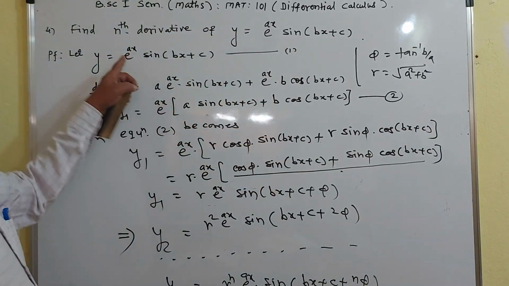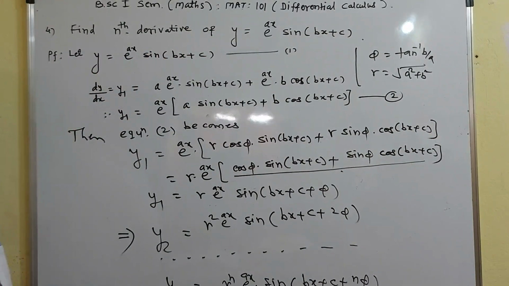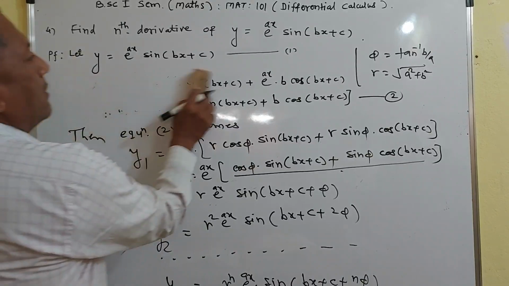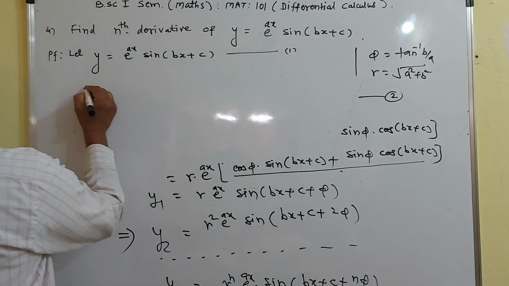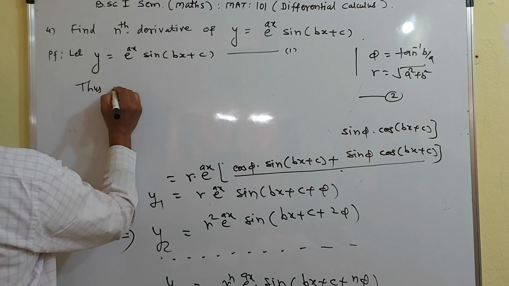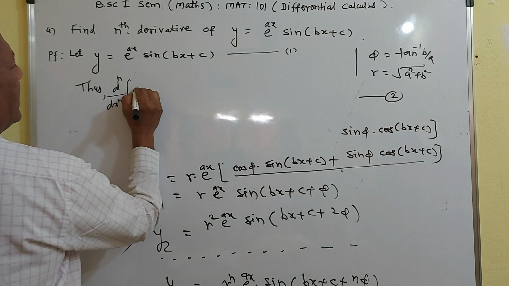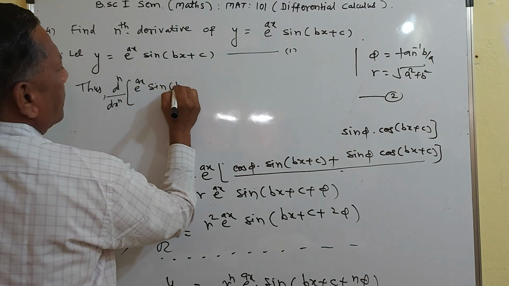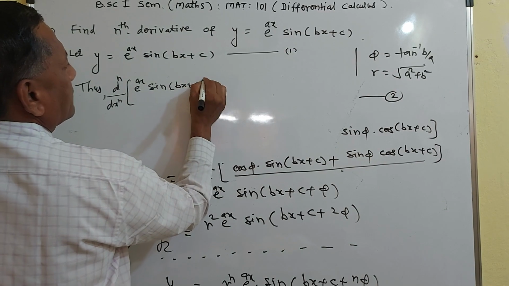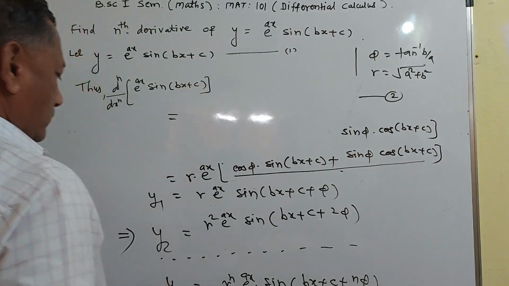So this is the nth derivative of y equal to e raised to ax into sine of bx plus c. Thus, the nth derivative of e raised to ax into sine of bx plus c is equal to r raised to n.